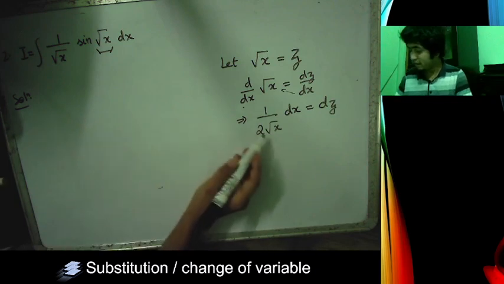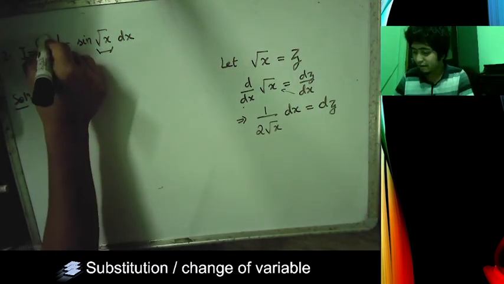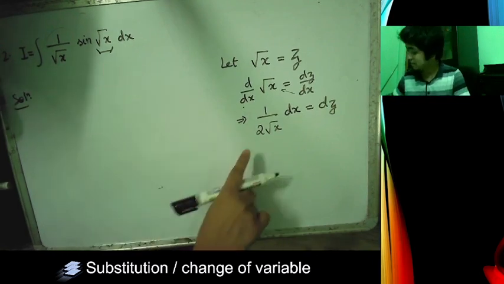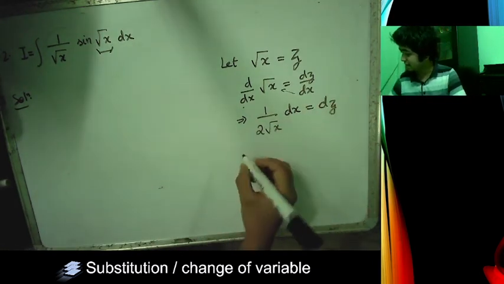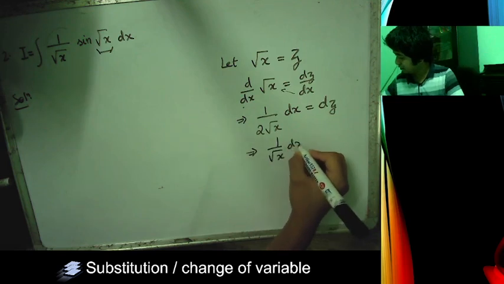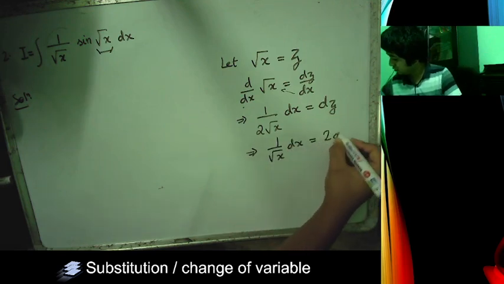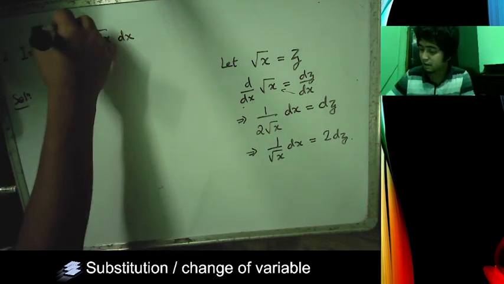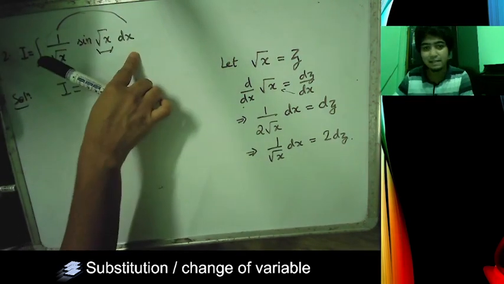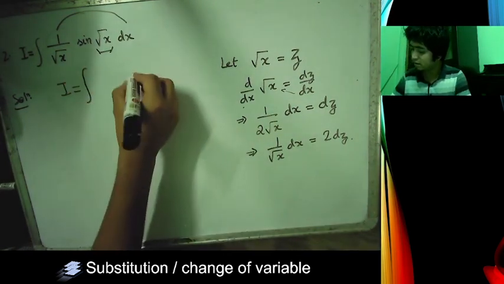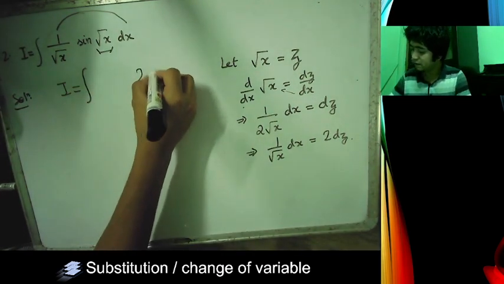But again, if you take a look at this problem, you are having only 1 by root x, you can combine it with dx. So over here we will take this to that side. So the integral becomes, combine this one and this, you will be having 2 dz.